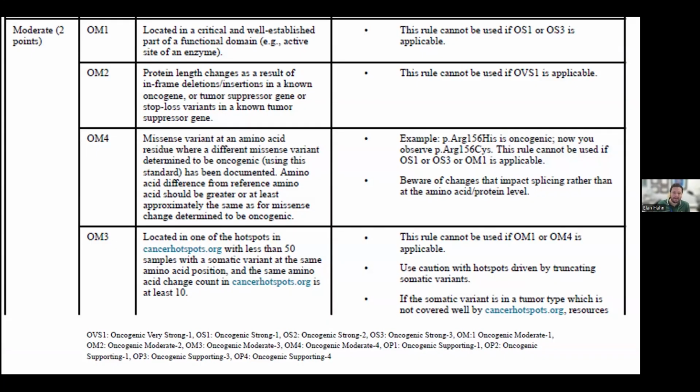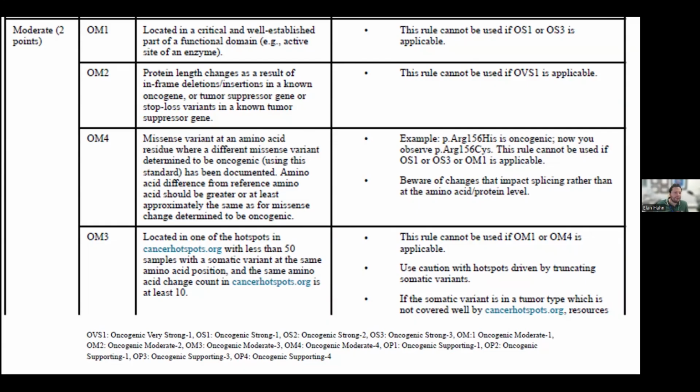For example, OM1, it's based on variants being located in critical and well-established parts of functional domains. And it's noted that it can't be used if OS3 is applicable, because OS3 from the previous slide is based on a variant being in a known cancer hotspot. And such hotspots are frequently located in critical functional domains. So to avoid that double counting, we have that exclusion.